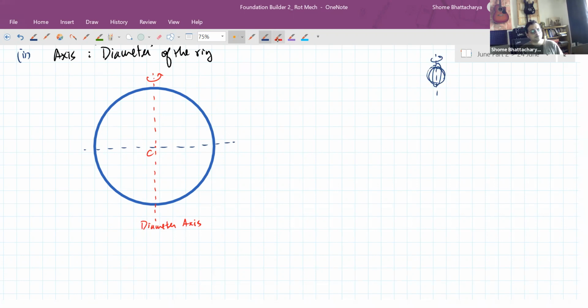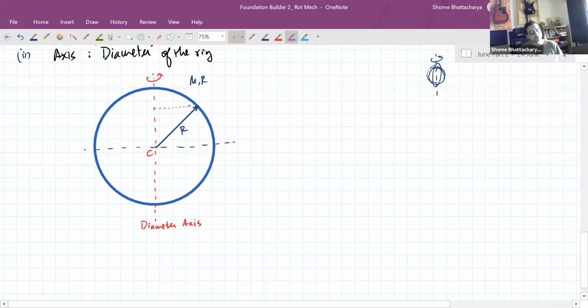Now, if we take an arbitrary particle at an arbitrary position like this, you can see that its perpendicular distance is no longer capital R. If the ring's mass is m and radius is capital R, this distance is R. But what about the perpendicular distance from the axis of rotation?